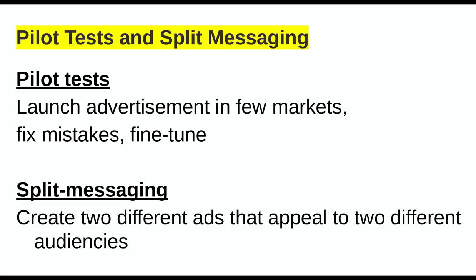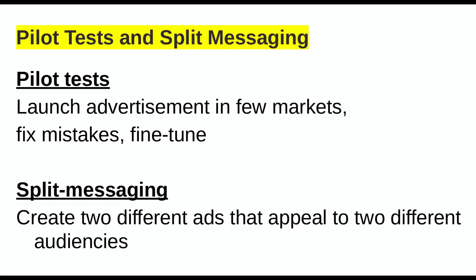The other one that you see there is called split messaging. Okay, sometimes you have a couple different audiences and you want to see which ad will work with which audience. Okay, you may want to even change up the messaging to see if something's going to work better.